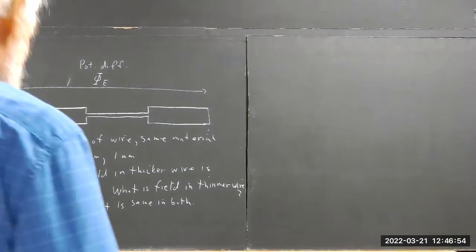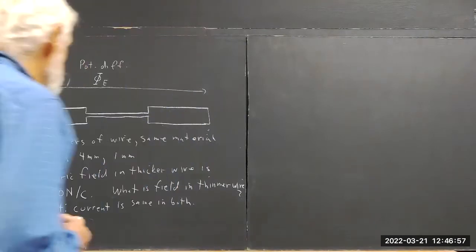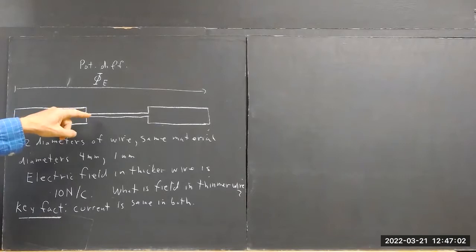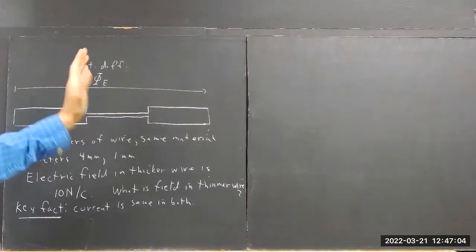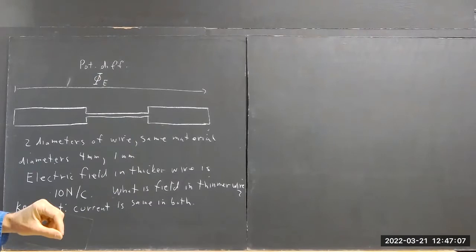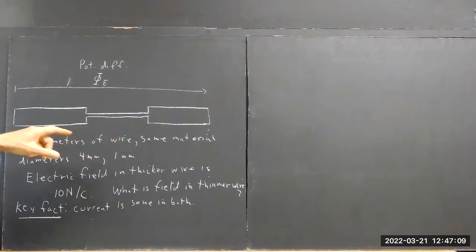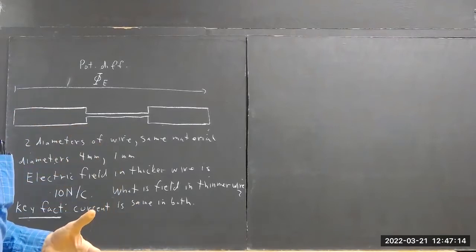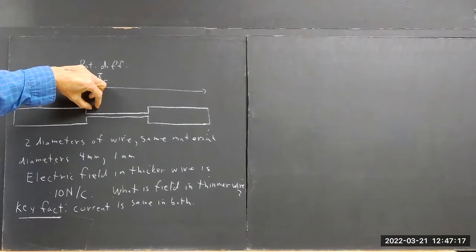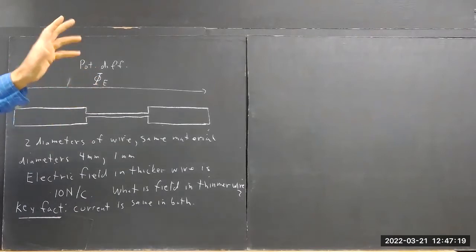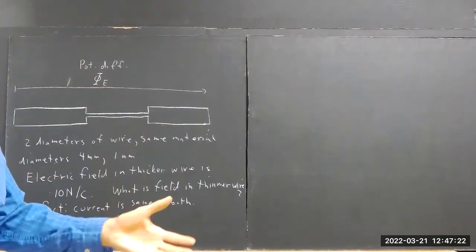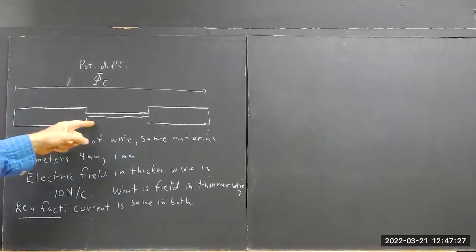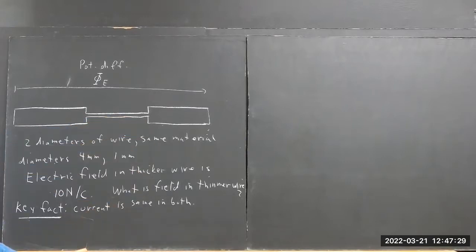Okay, we did pretty well with this. What it comes down to is if you have the same density of electrons, the same number per unit of volume, which would be the same number per unit of length of the wire, then intuition said they've got to move faster here because there aren't as many of them.